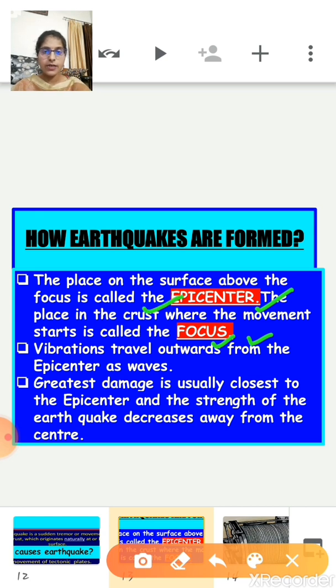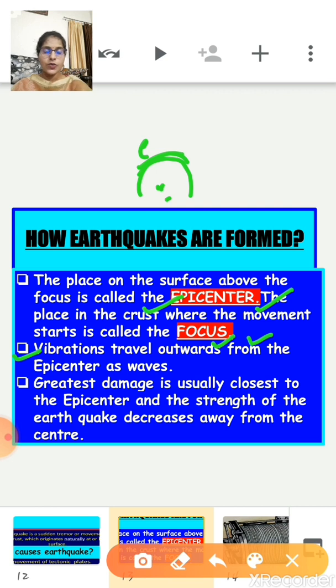And the epicenter is basically the point on the earth's surface, just above the focus. So this is the focus point inside the earth, and just above the focus on the earth surface, this point is called epicenter.